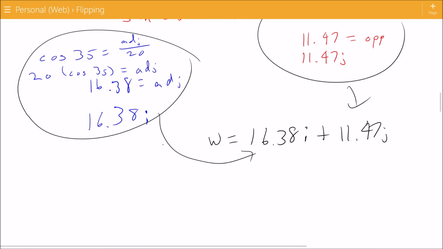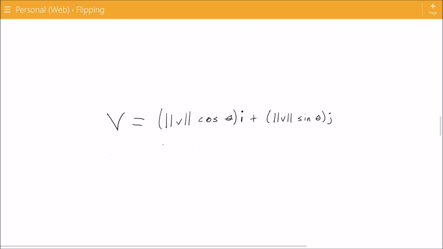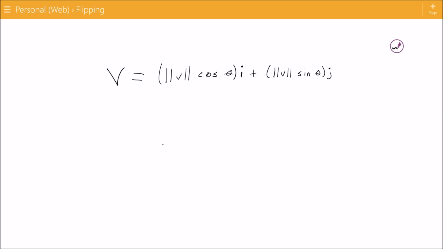We can put this into a more generalized form of, if you have a vector v, then your horizontal component is just going to be the magnitude of v times the cosine of theta. And then the vertical component would be the magnitude of v times the sine of theta.